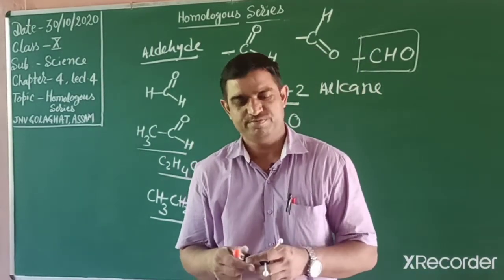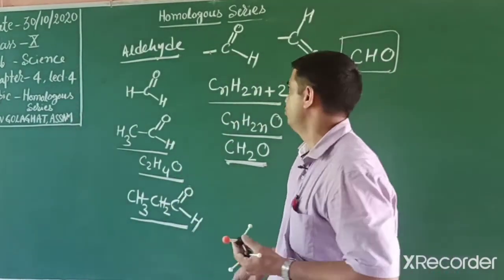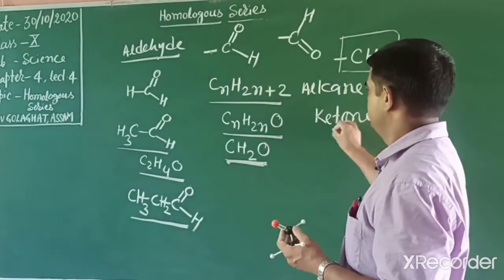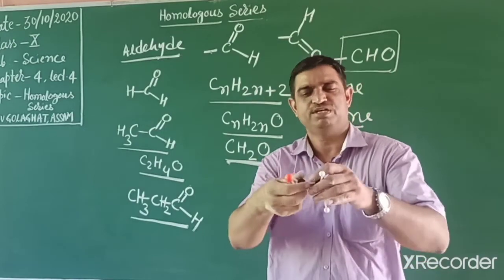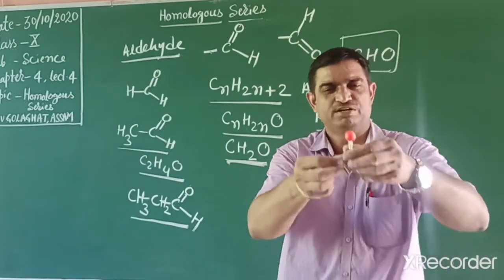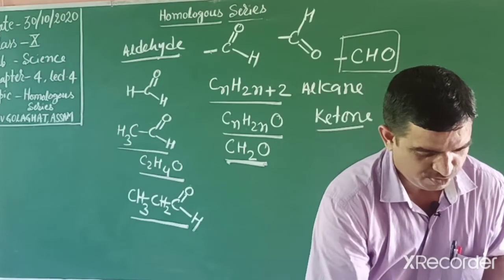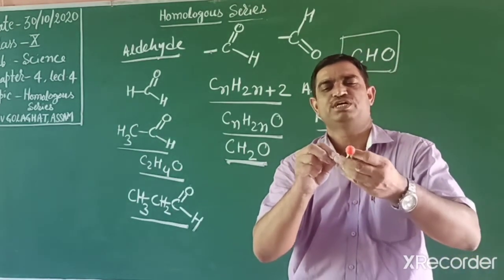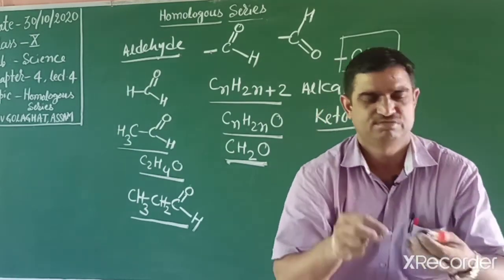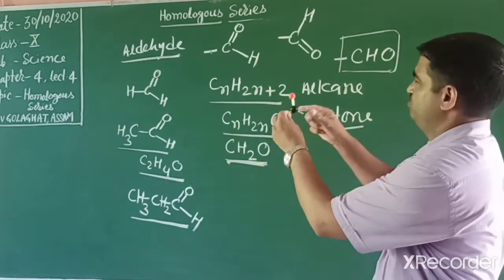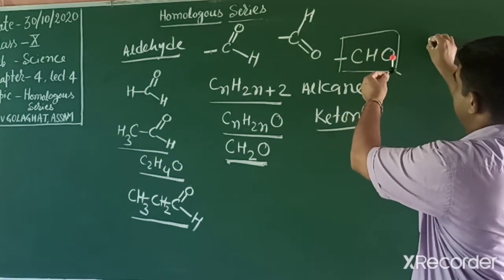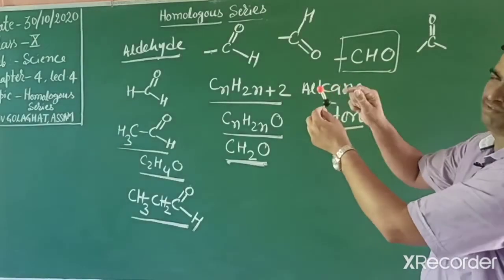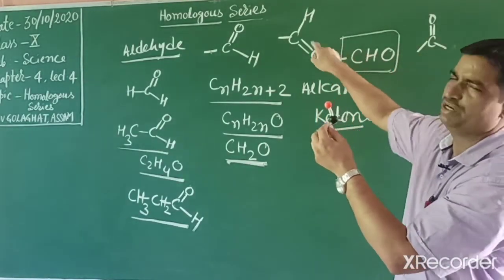Students, how can we make another functional group, that is ketone? For ketone, what do we have to do? This is the main functional group, C double bond O. On both sides, at least 1 carbon is required. This is ketone, represented like this, C double bond O. If you write a hydrogen on one side, then it changes into aldehyde.